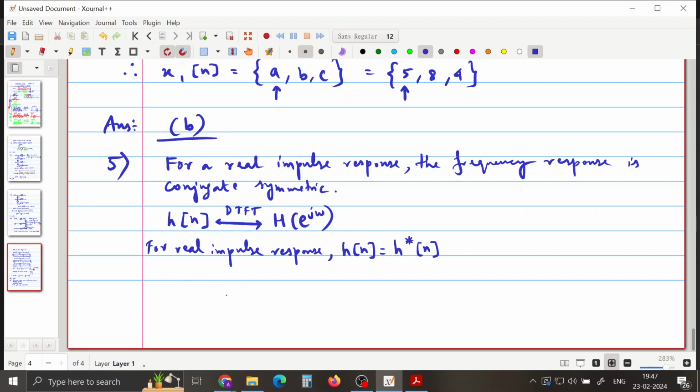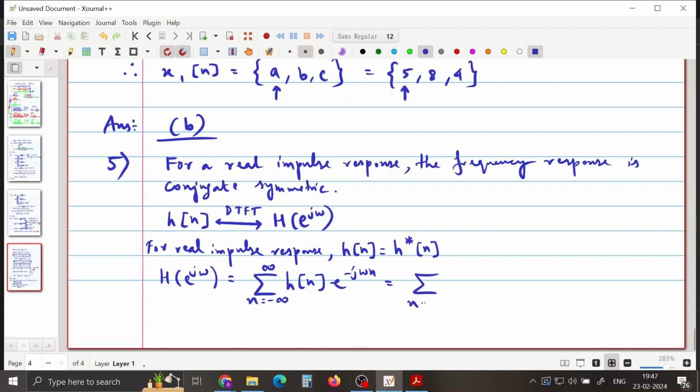So what's my capital H of e power j omega from the formula of DTFT? I'm considering a discrete time scenario, h of n, so the formula for DTFT is summation n running from minus infinity to infinity, h of n e power minus j omega n, right?